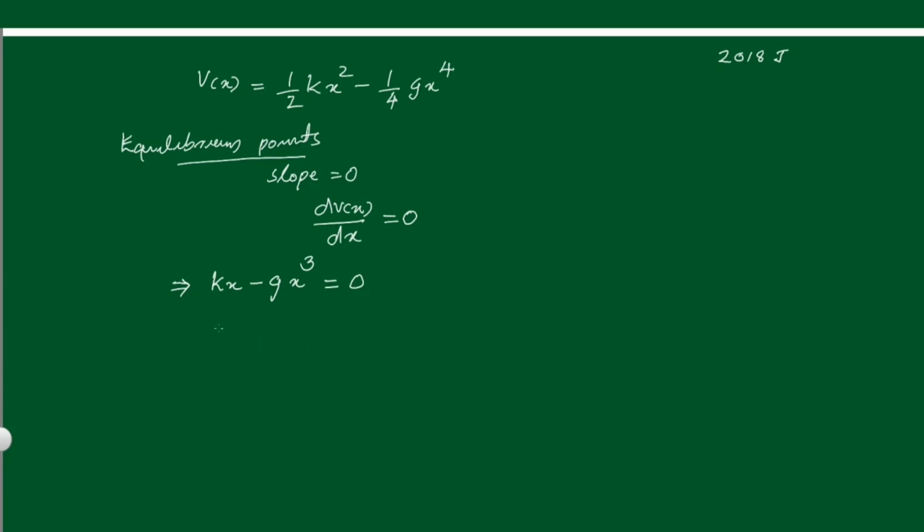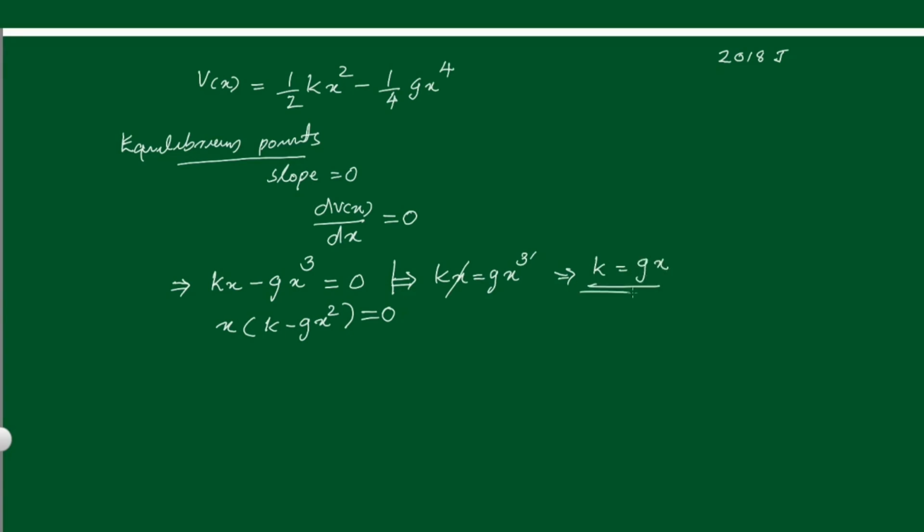So the equilibrium points are, we can take the common term, that is x into k minus g x square equal to 0. Here one important point is, never take kx equal to gx cube and cancel one of the x on both sides and write k equal to gx.